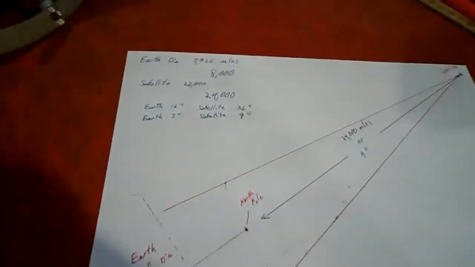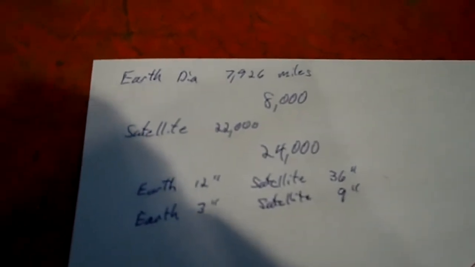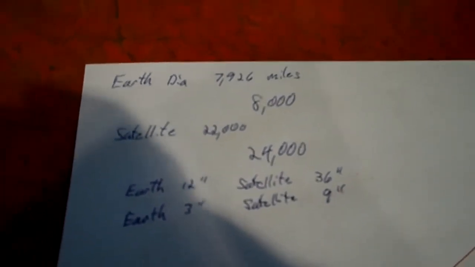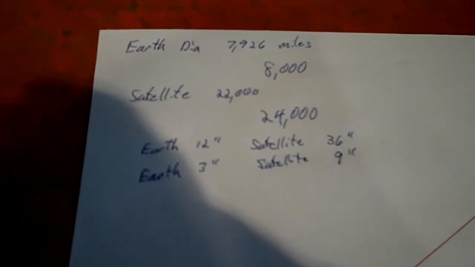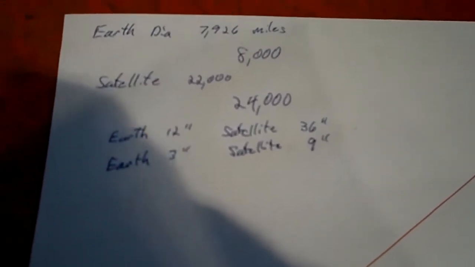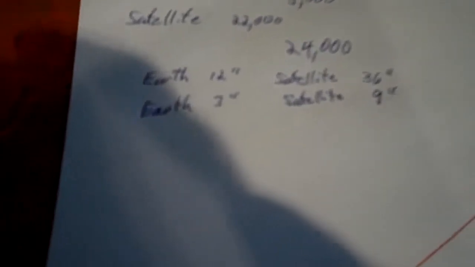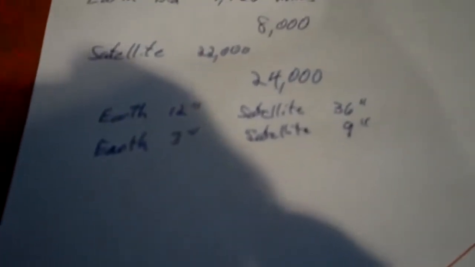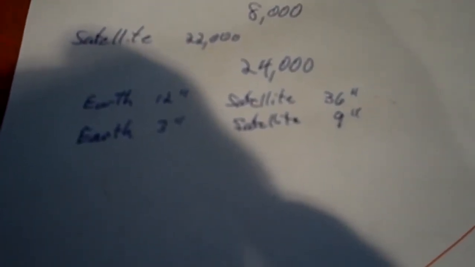So let's see what this looks like on paper. All right, if the Earth's diameter is rounded up to 8,000 miles and the satellite height is rounded up to 24,000 miles, well, with a 12-inch Earth, the satellite would only be 36 inches away. Or if the Earth was 3 inches, a satellite would be 9 inches away.